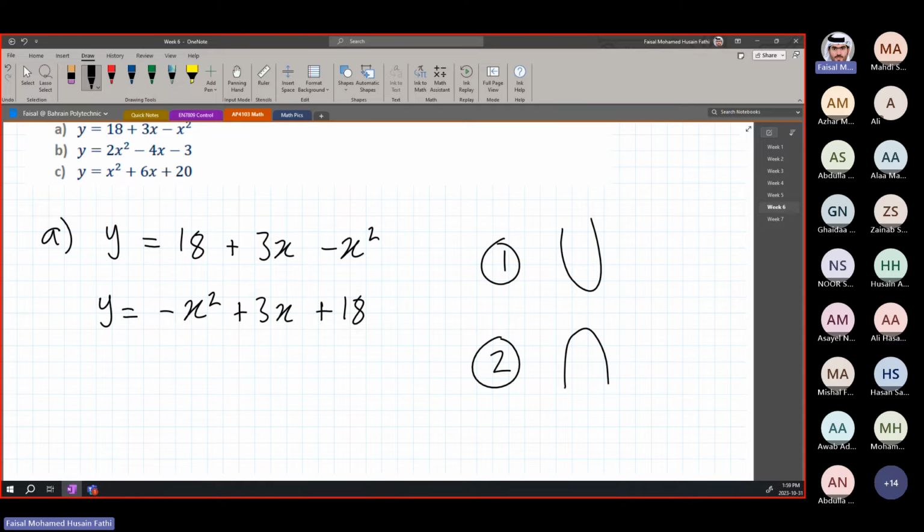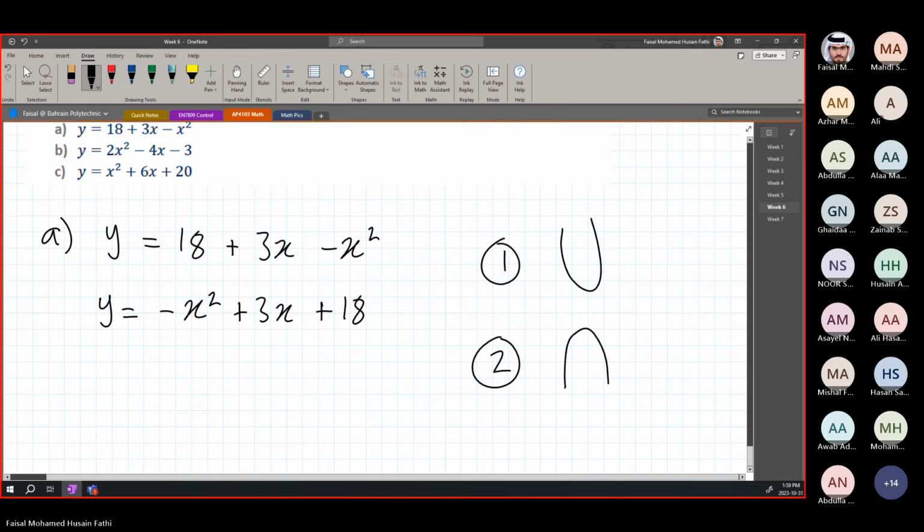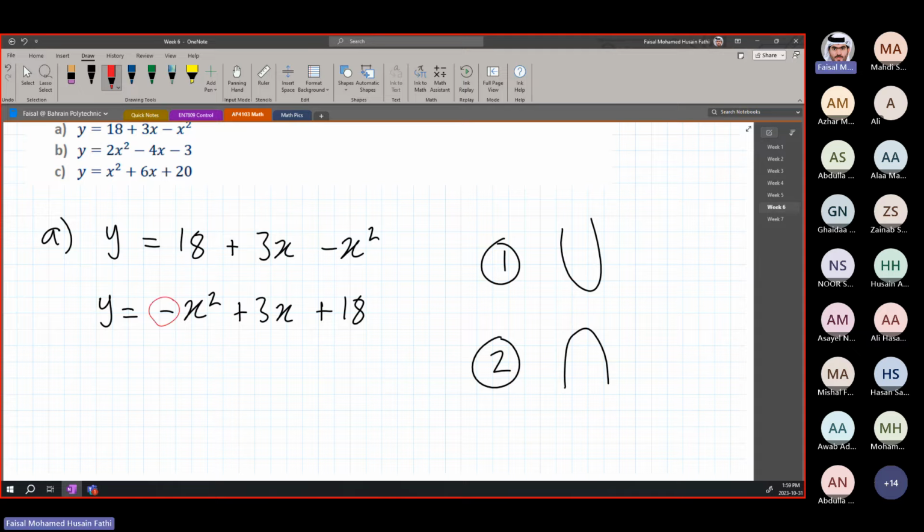Write to me the reason you said it is 2. Exactly, because our A value is negative. A is equal to minus 1.